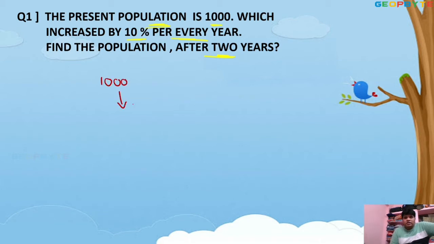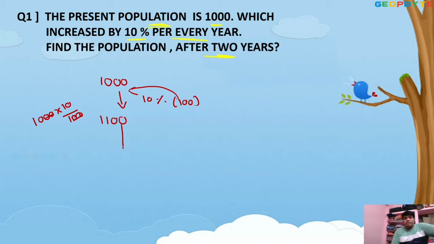For the first year, 10% is increased. So in 1000, 10% is 10 by 100, zeros cancel. What is the answer? 100. 10% is 100. This 100 is added to the 1000. So it becomes 1100, which is called the principal, the basic point for the next year.